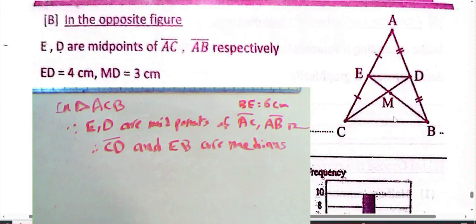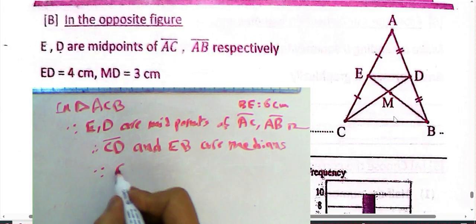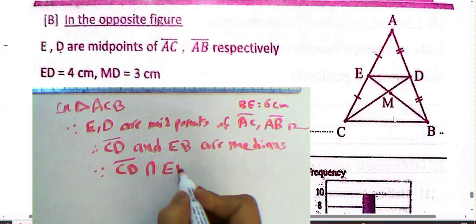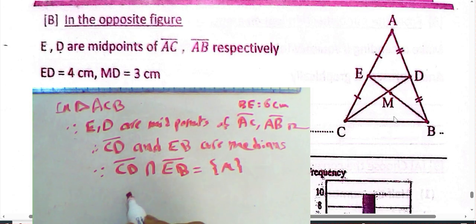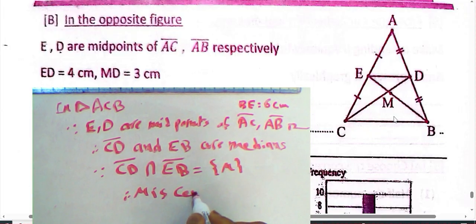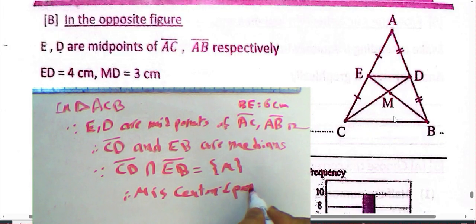We call them the medians in a triangle, and such that CD intersection with EB equals point M. Then M is the centroid point.